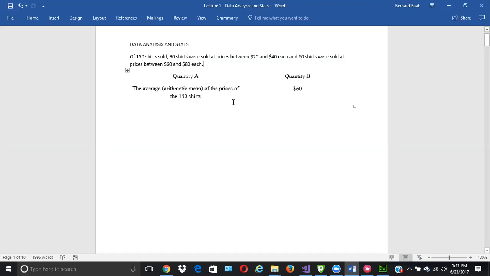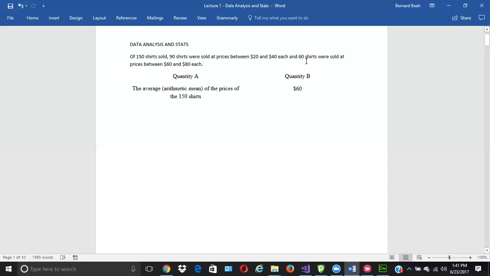So first of all, you have two price ranges, a lower range price and a higher price. So the $20 price is the low case scenario for the 90 shirts, and the $60 price is the low price scenario for the 60 shirts.